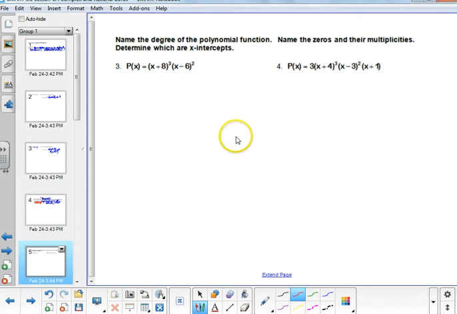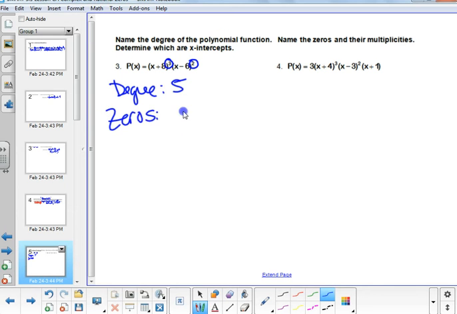So number 3, determine the degree of the polynomial, name the zeros and their multiplicities, and determine which are x-intercepts. If you notice, this is 3 answers here, 2 answers here, so the degree, if I add those together, is a degree 5 polynomial. And the zeros are, this factor, when I solve it, would be -8 of multiplicity 3.